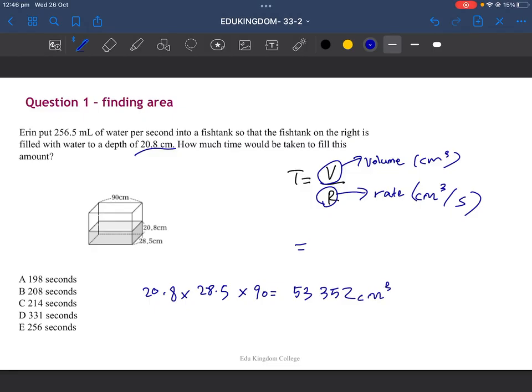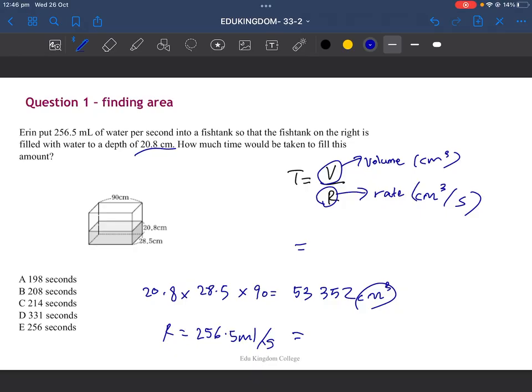Next, if that's the case, what is the rate? Let's find the rate. Rate is apparently 256.5 milliliters per second. How do we convert that to cubic centimeters? Why do we need to do that first of all? Well, whenever we're dividing, it has to be of the same units.